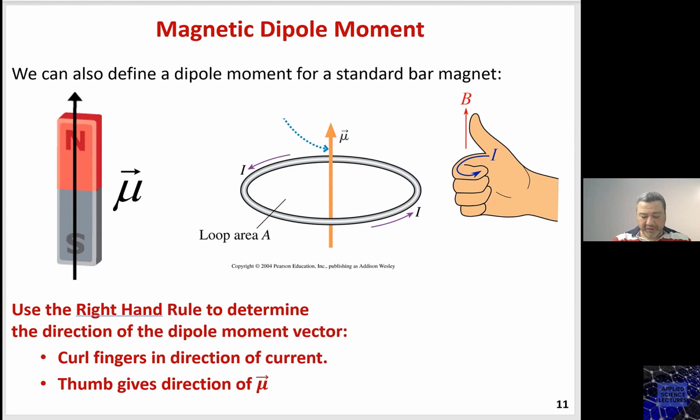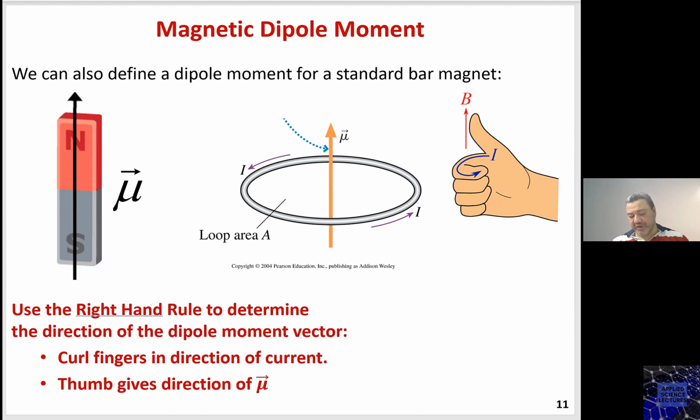So if we look at the magnetic bar here, we can see that there is a magnetic dipole moment for that bar that is equivalent to this magnetic dipole that we have introduced, coming from this little loop.